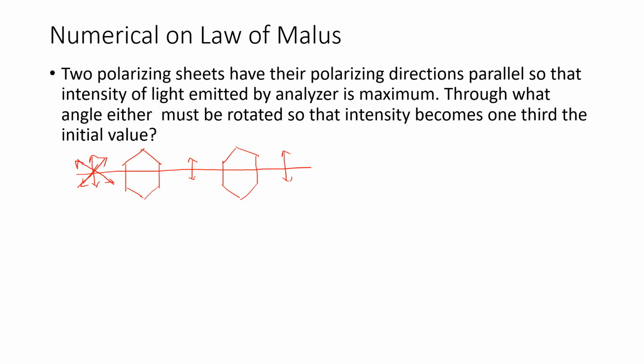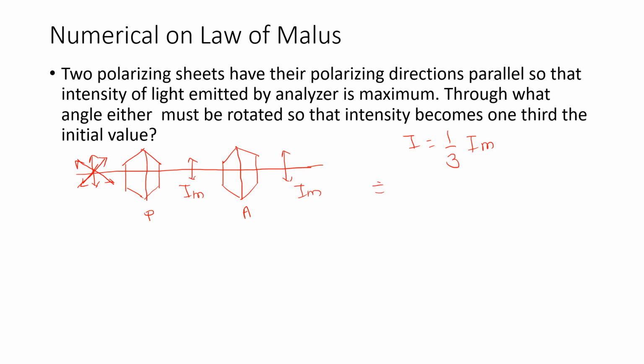Through what angle this polarizer or this analyzer must be rotated so that this intensity becomes 1/3 of the maximum value of intensity. This is the maximum value of the intensity when theta is 0.